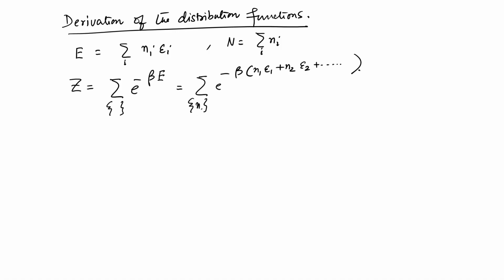For example, now we can say that this is really a sum over Ni, because these N1, N2, they will take some values pertaining to the condition that the total of Ni over all I should be equal to N. Okay, that is there. So, we want to calculate the mean number of particles.